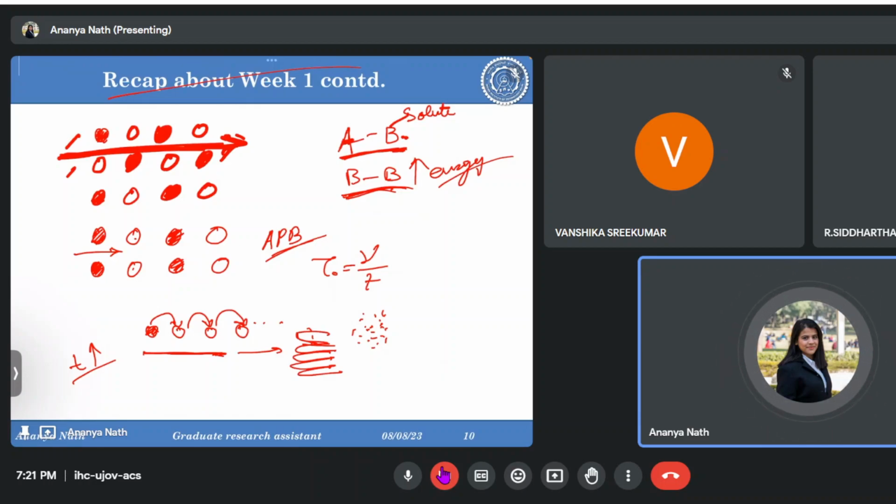But if somehow the temperature has been increased, or external stress is applied, or some other environmental conditions or external forces are applied, the dislocation will again try to move forward.